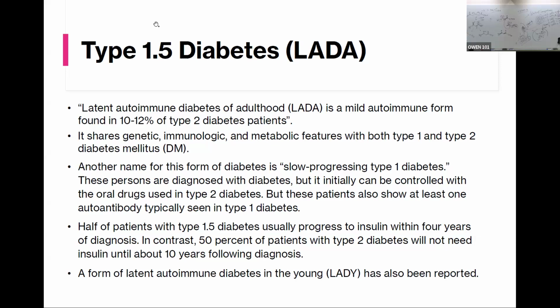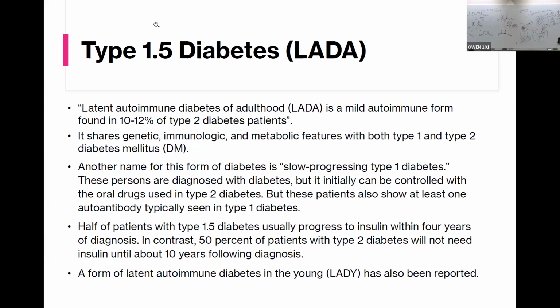But actually, if you check, there's an immune response in the system. Another name for this is slow progressing type 1 diabetes. Basically it's type 1, but it progresses very slowly.